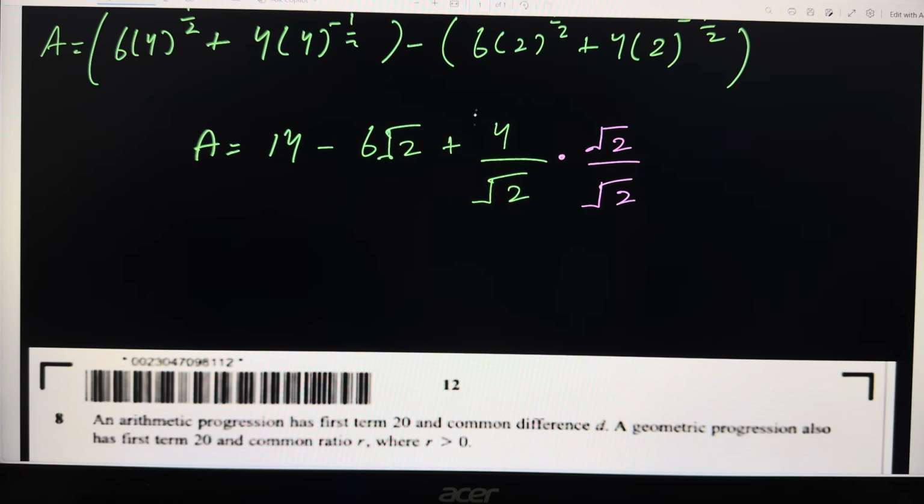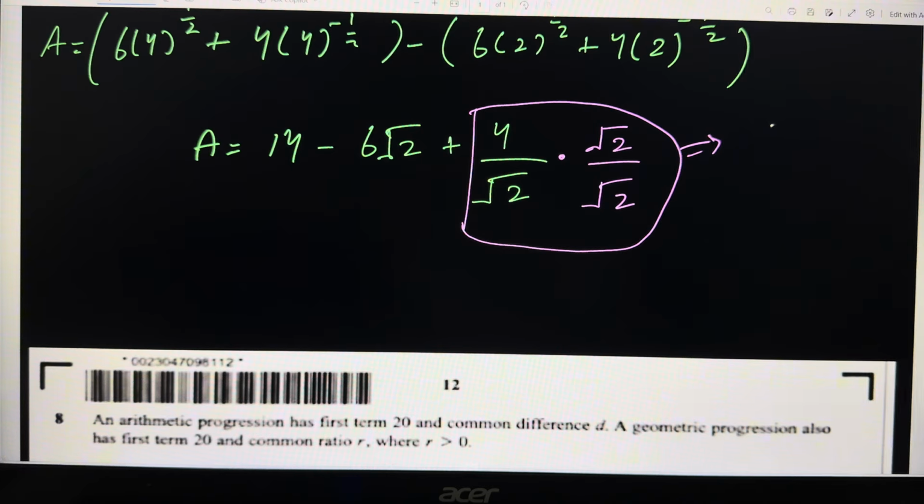So let me do it on the side. These two are multiplying, so this becomes under root 2 whole square. This becomes 4 under root 2 upon under root 2 the whole thing squared, so the square cancels with the under root, and this becomes 4 under root 2 upon 2. Okay, so remember that.